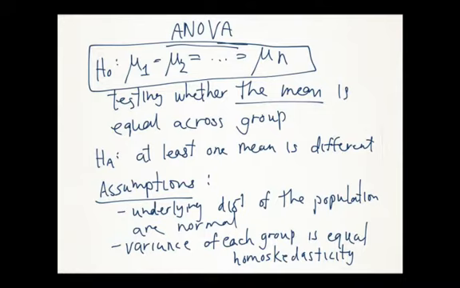So homo means same, scedasticity refers to variance, so that's just another way of saying that the variance of each group is equal, homoscedasticity, okay? So these assumptions hopefully look very familiar to you because they're very similar to the assumptions that we had for the 2-sample t-test. We had underlying normality, and before we just had that the variance of the 2 groups was equal, though we were able to relax the equal variances assumption in the 2-sample t-test case as we saw in Stata.